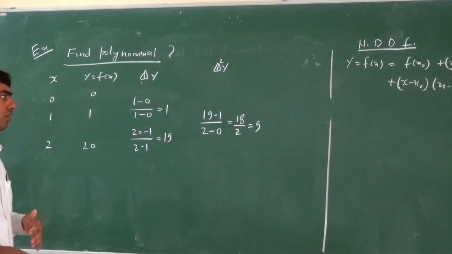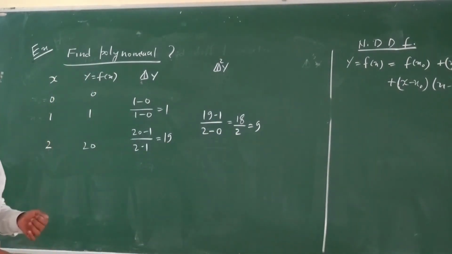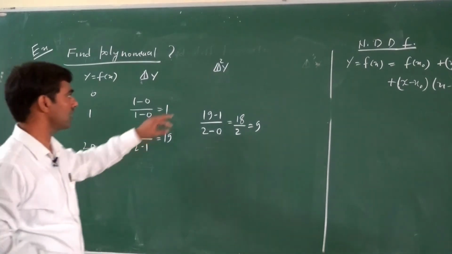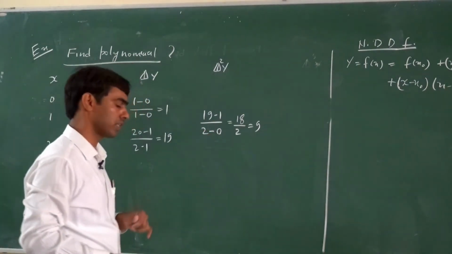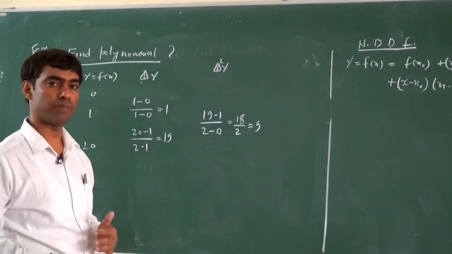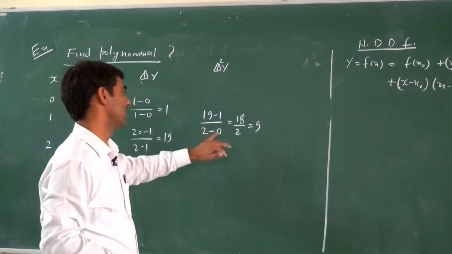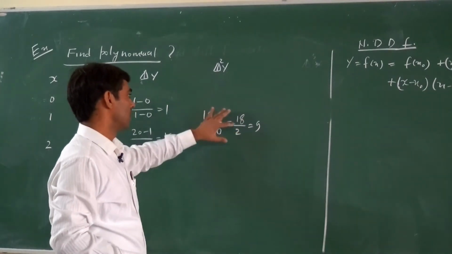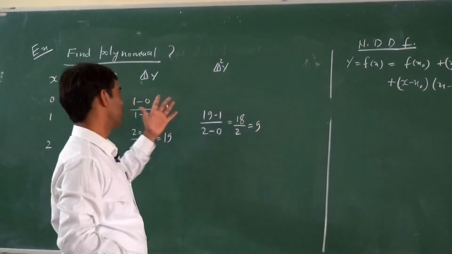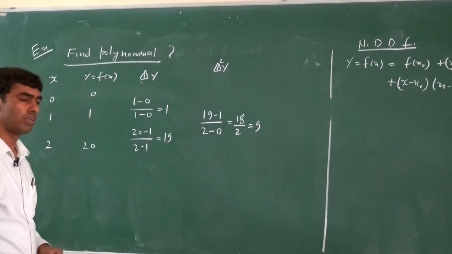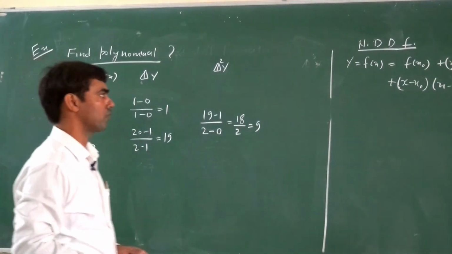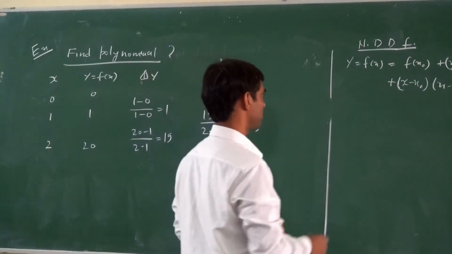So what is the degree of the polynomial? The degree of the polynomial is 2 because the second order difference is constant. We know that the nth divided difference of an nth degree polynomial is a constant. So this tabular data satisfies a second degree polynomial.